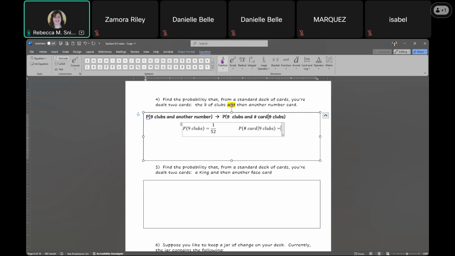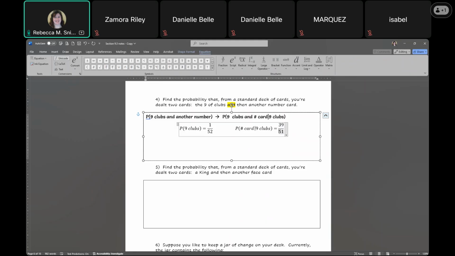So when I look at this fraction, because I'm already holding a card, my bottom changed and became 51 because my deck has changed. But the other thing to keep in mind is that I'm also already holding a number card. Since we know that there are 40 number cards in a deck, and I'm already holding one, it means my numerator has to be 39.